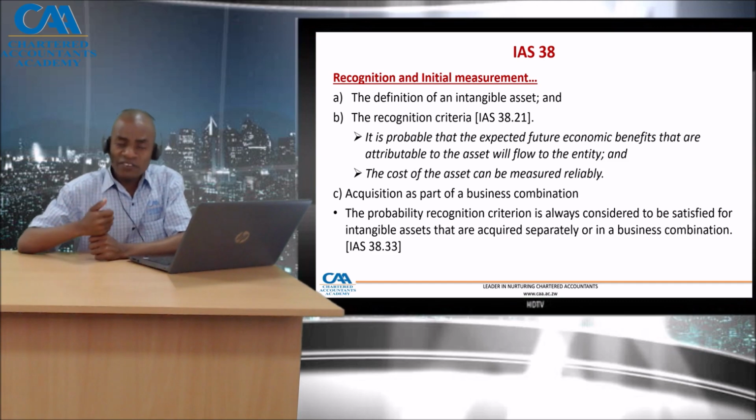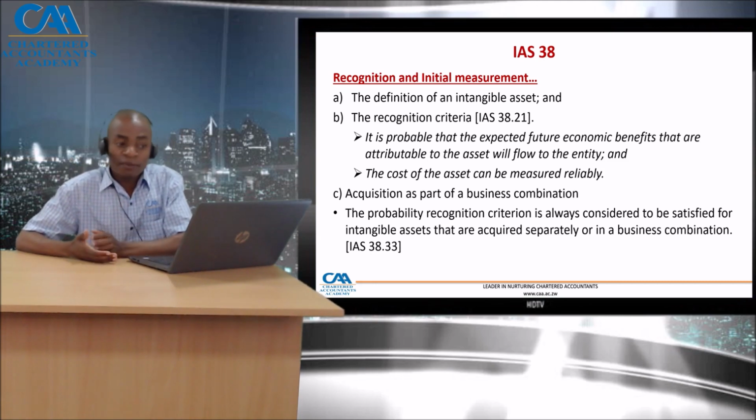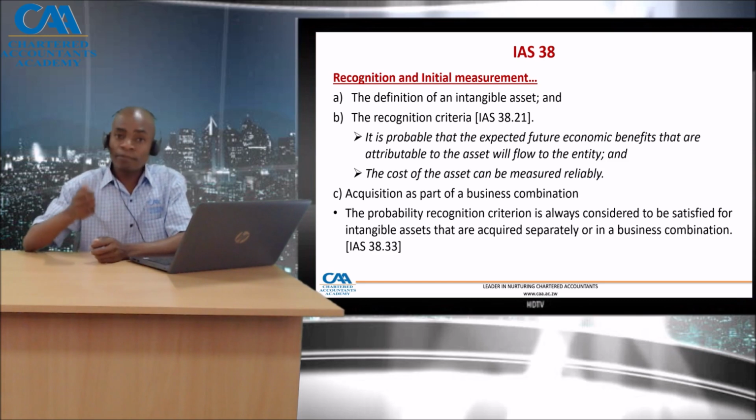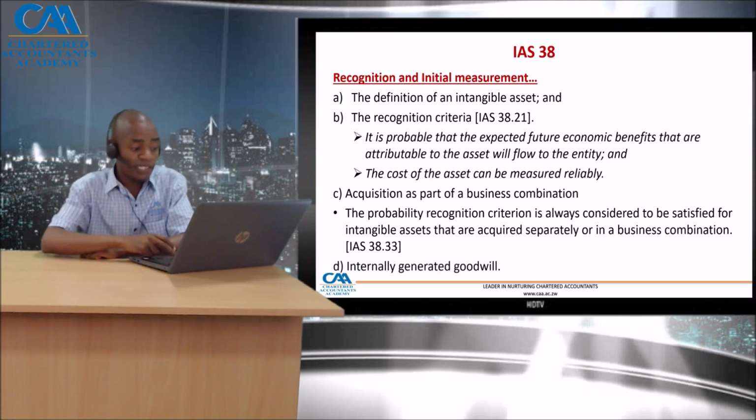The only difference is the timing and the amount. The entity might not know the exact amount that is going to be generated, or the exact point in time. But otherwise, there is that rebuttable presumption that the probability recognition is met whenever the intangible assets have been acquired as part and parcel of the business combination.